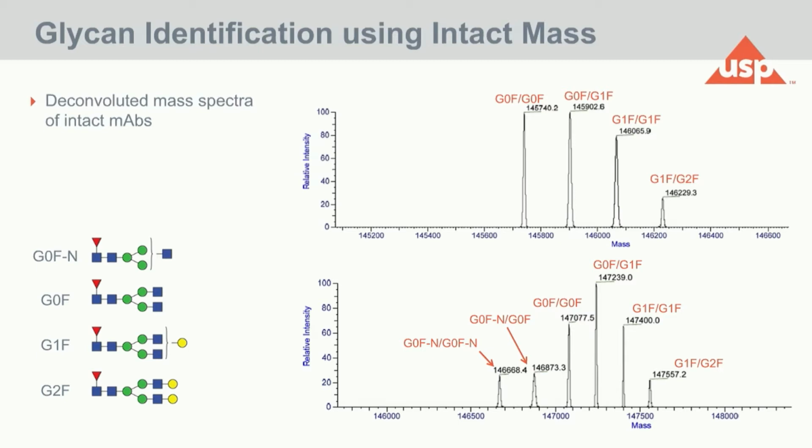The second antibody, the spectrum on the bottom, has a similar profile in the sense that we see primarily G0F and G1F in that monoclonal antibody as well, but we do see the presence of a new structure not seen in the other one, which is a G0F that has lost the GlcNAc, the little blue square. So this is one way to understand what's in your molecule.